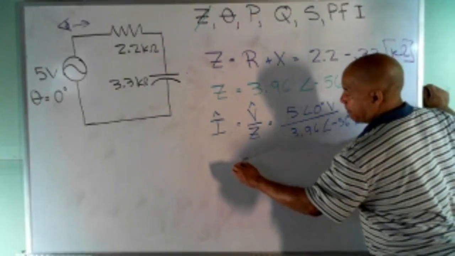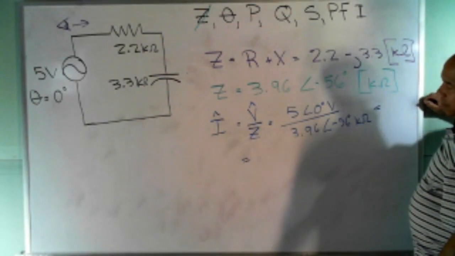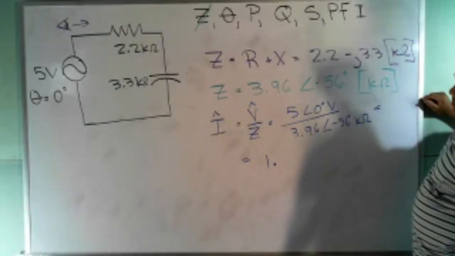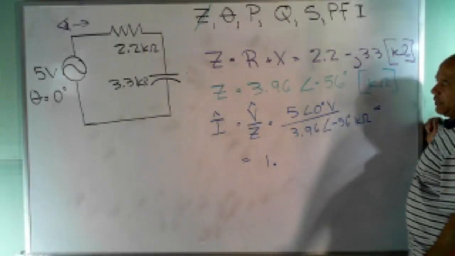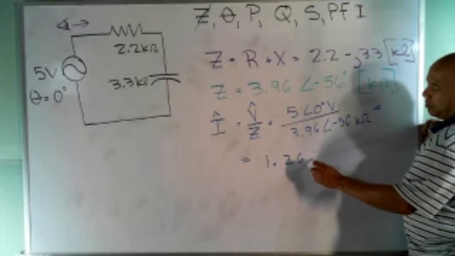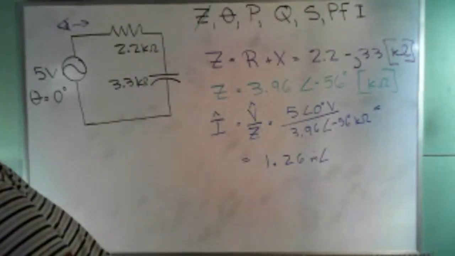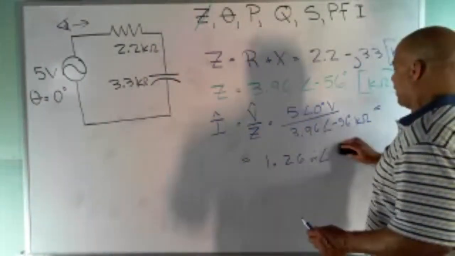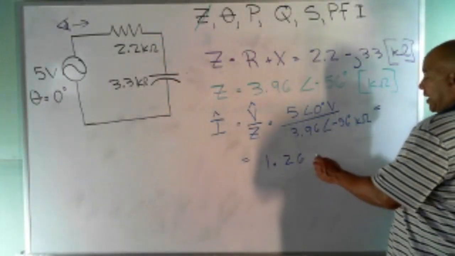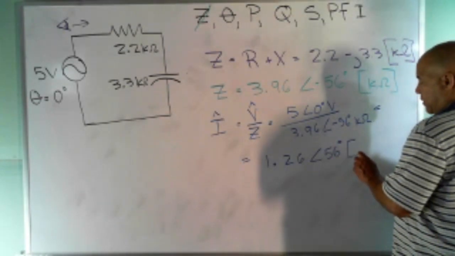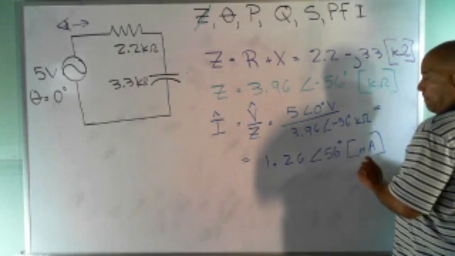How much is that? 1 point what? 1.26. Oh, my hand and my brain are not in phase right now. 1.26, the angle is 56 degrees, milliamps.